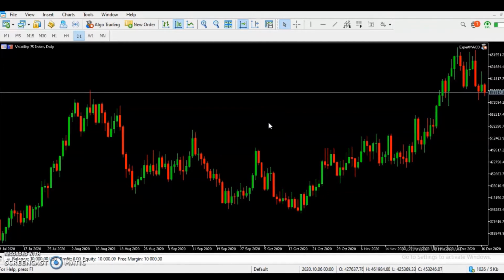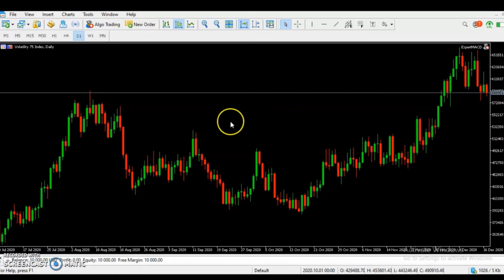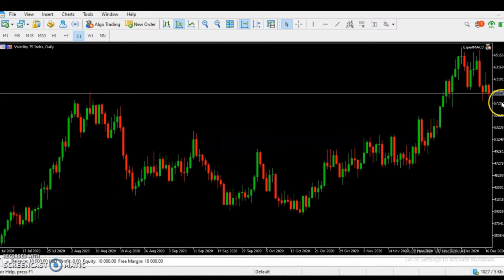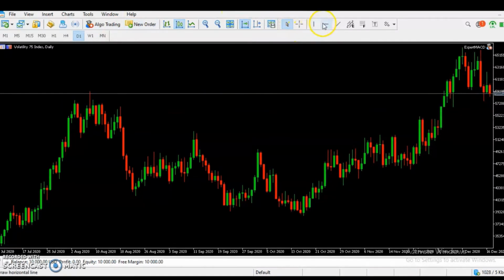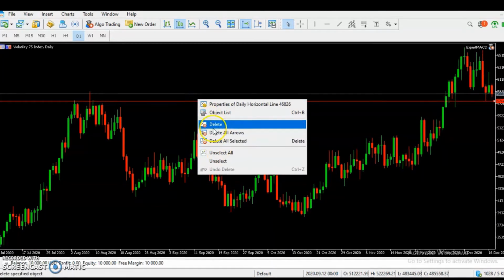So the next thing we do is wait for a small pullback. Personally, I will wait for the market to reach this point right here.